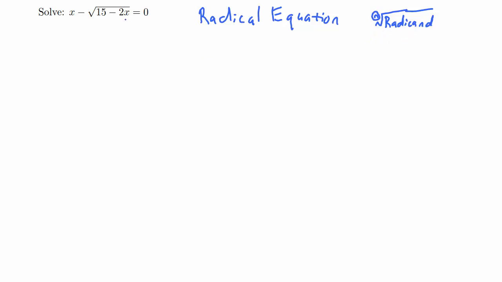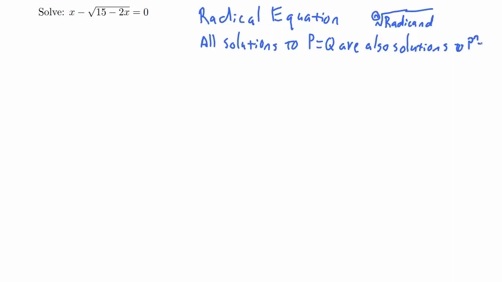Now then, in order to solve this type of equation, we're going to have to get rid of this radical, the root symbol. To do that, we're going to use this theorem. It says all solutions to P equals Q are also solutions to P to the n equals Q to the n.